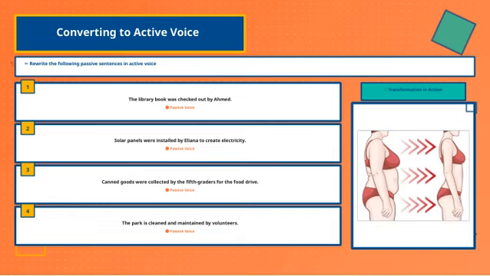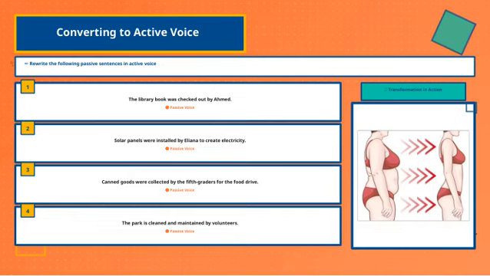Next, consider "solar panels were installed by Ileana to create electricity." Changing this to active voice gives us, "Ileana installed solar panels to create electricity." Again, the focus shifts to Ileana, the person performing the action, making the sentence more straightforward.